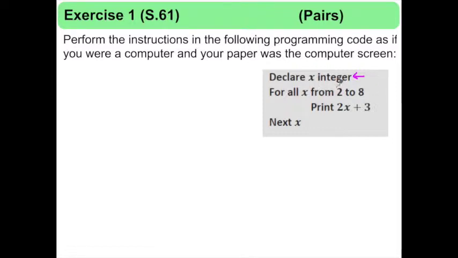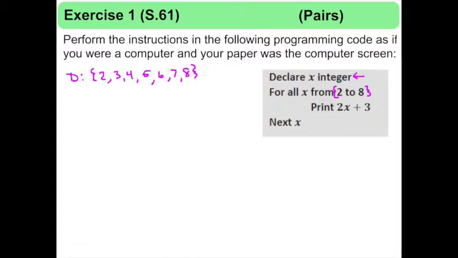They want us to work from all x's between 2 and 8. So I know that my domain is 2, 3, 4, 5, 6, 7, and then 8.